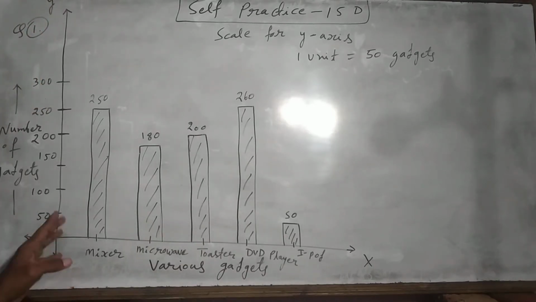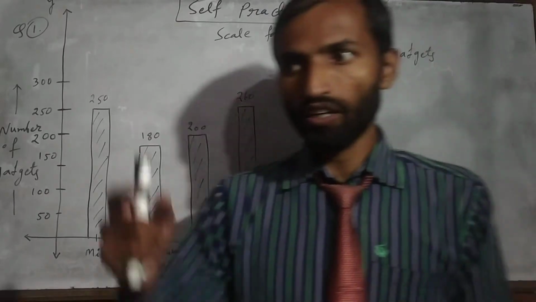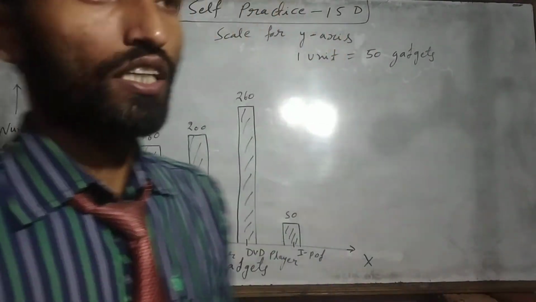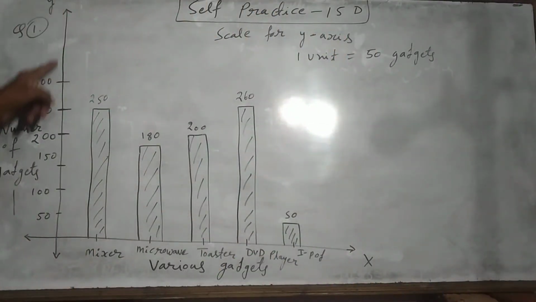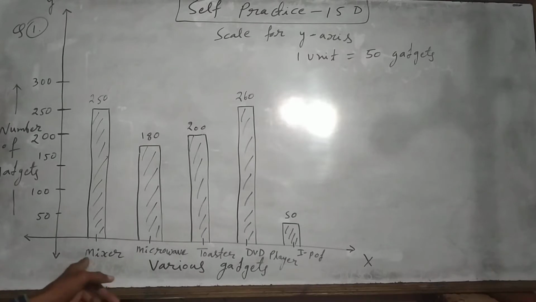First of all, for a bar graph, you have to draw one vertical line and one horizontal line. The vertical line is called the y-axis and the horizontal line is called the x-axis. Then we always keep the component names on the x-axis.